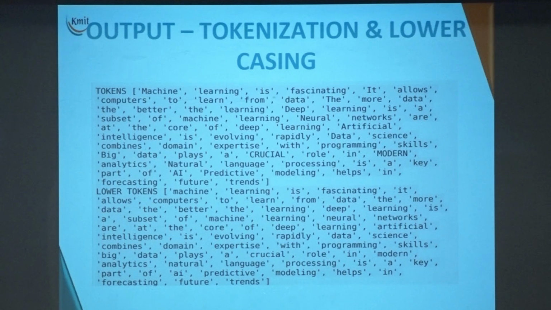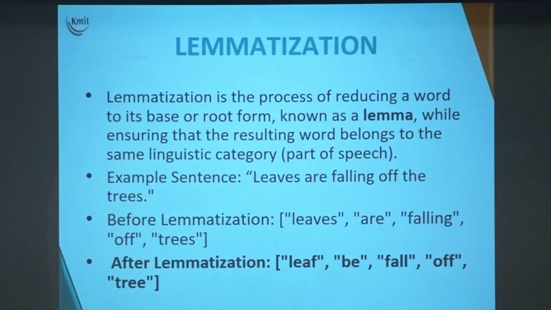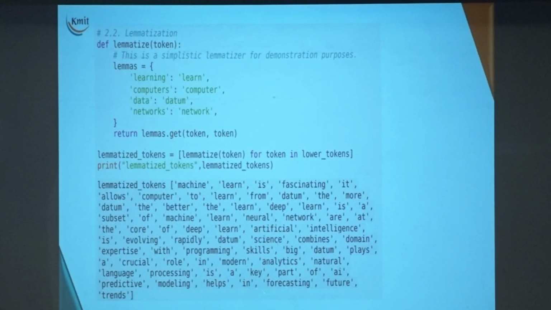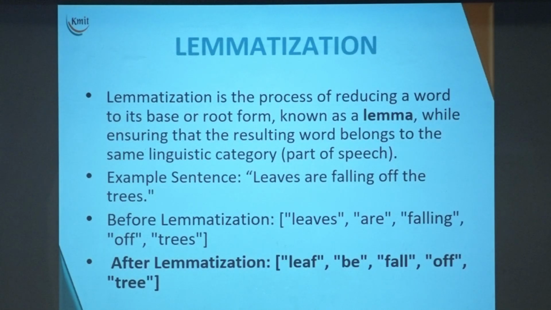After you have converted that into lowercase, you are going to lemmatize this data. So what is lemmatization? All of you, it is very important in NLP tasks. Lemmatization is the process of reducing a word into its base form or root form, and that root is called the lemma.